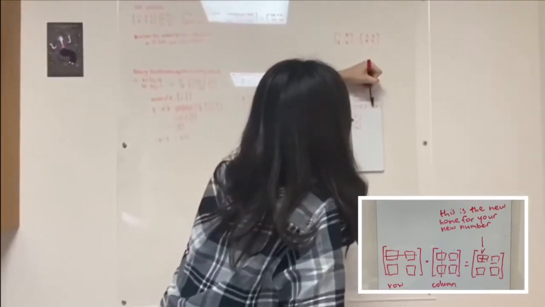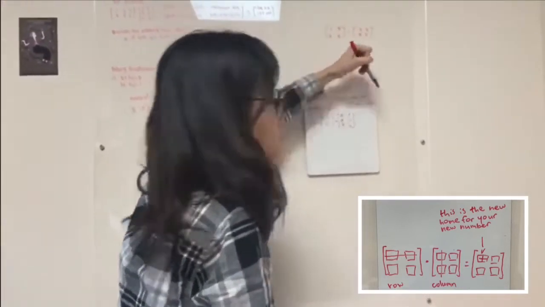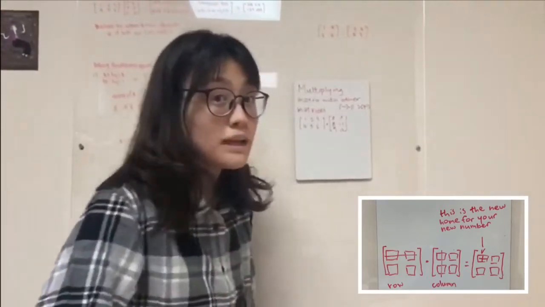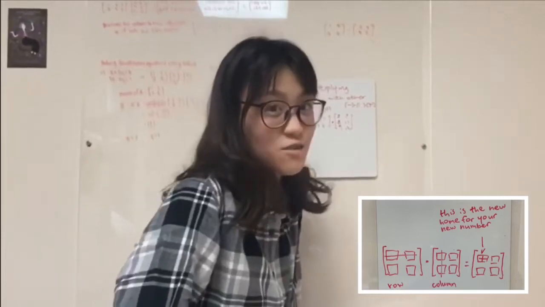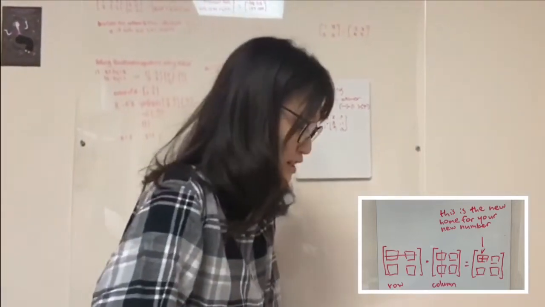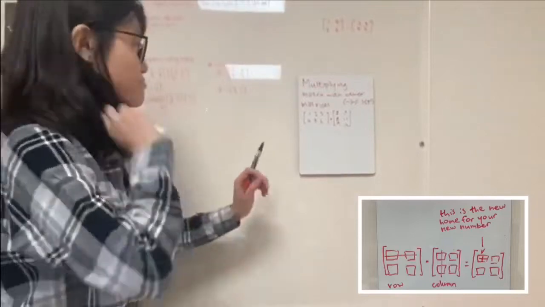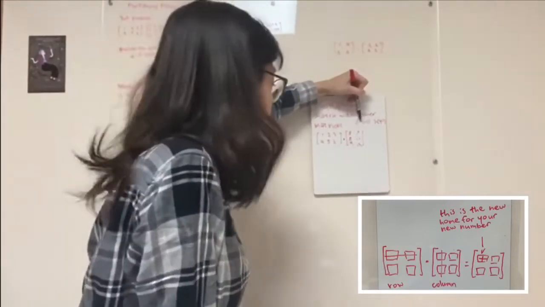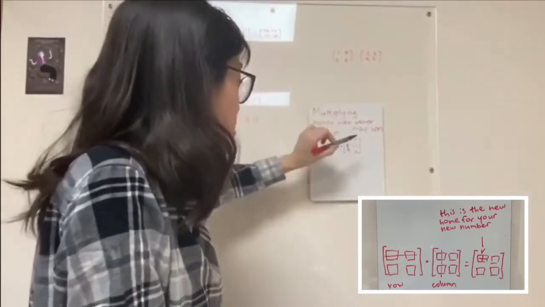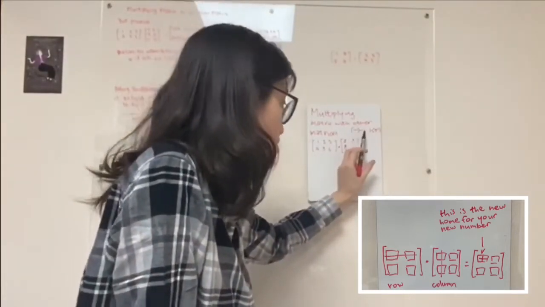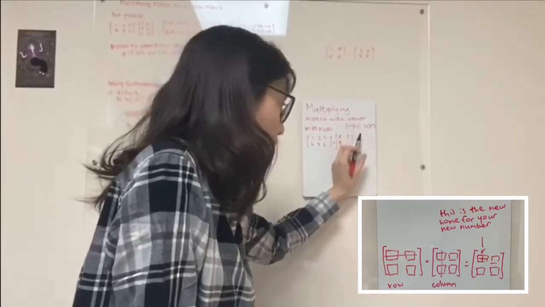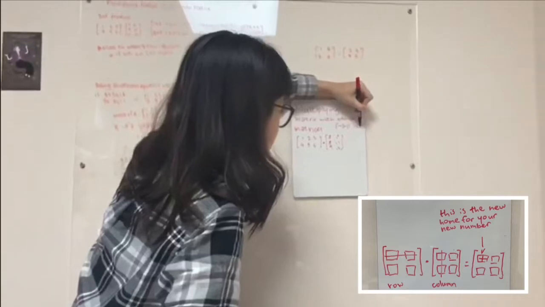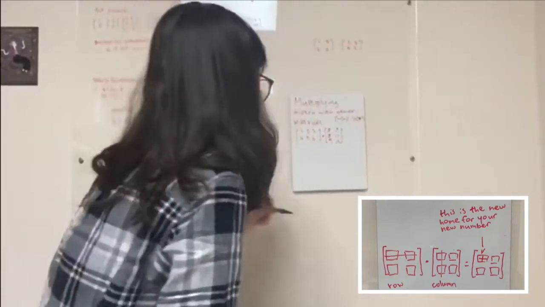So this is the model which you should be following when you multiply matrices with matrices. As you can see, you always have to start from the top row, and then the second matrix, you multiply it by a column, and that's how you get the first number at this corner.